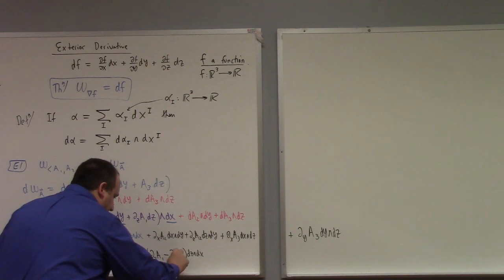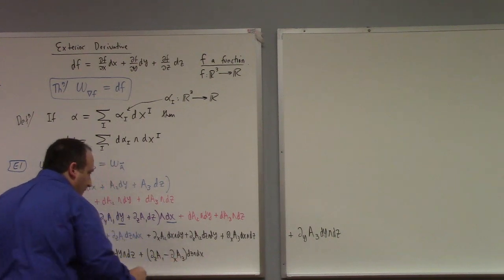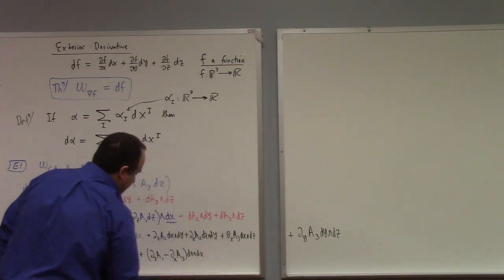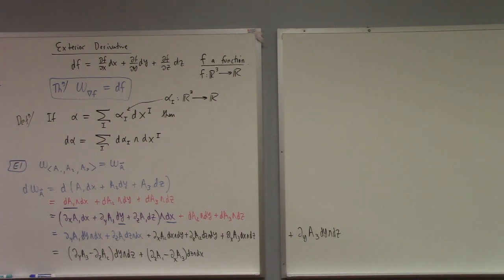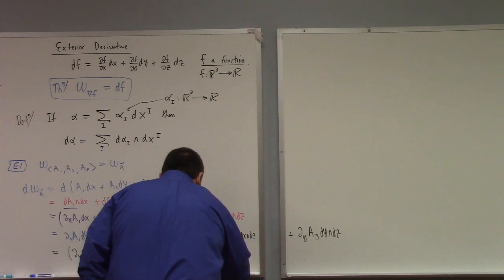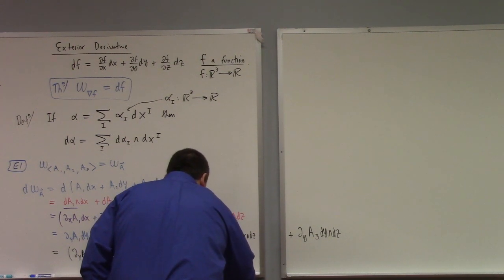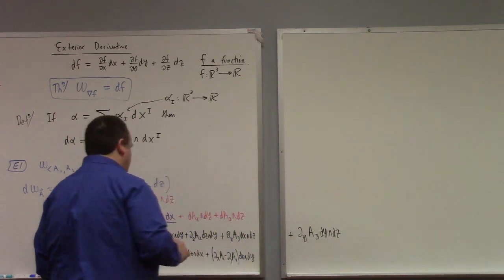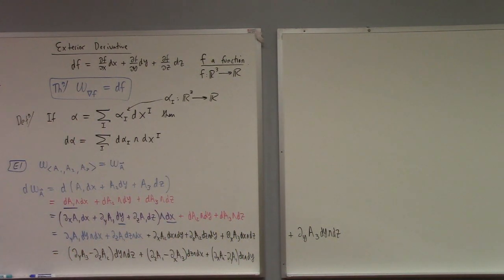I get a partial x a3 from this over here, because I have to flip those over for that term. And then finally, the dx wedge dy terms. We've got partial x a2 minus partial y a1 dx wedge dy. Right?